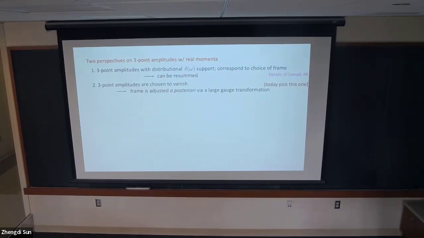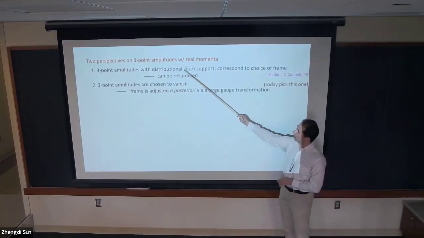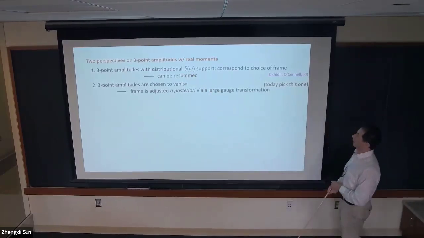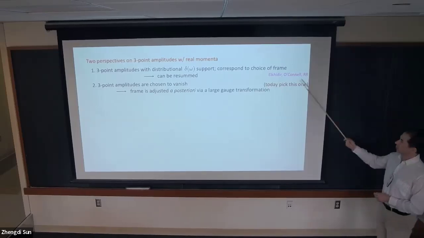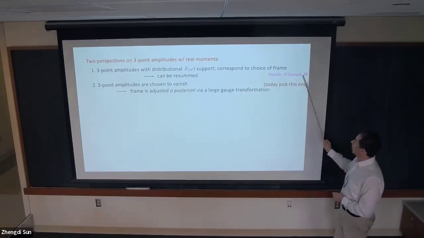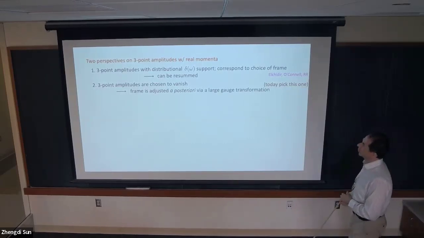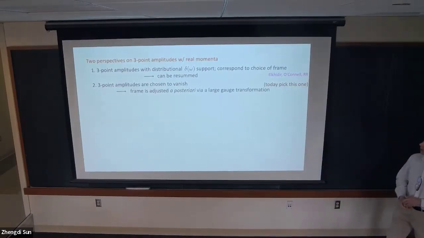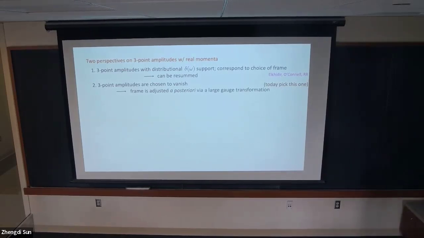So this said, there are two perspectives on 3-point amplitudes with zero momenta. One of them is that they're supported at omega equals 0, and they correspond to a Coulombic frame. The old work with Saad and with Donald indicates that they can be resummed, at least in one particular instance that we analyzed there, and they can still be resummed in general.